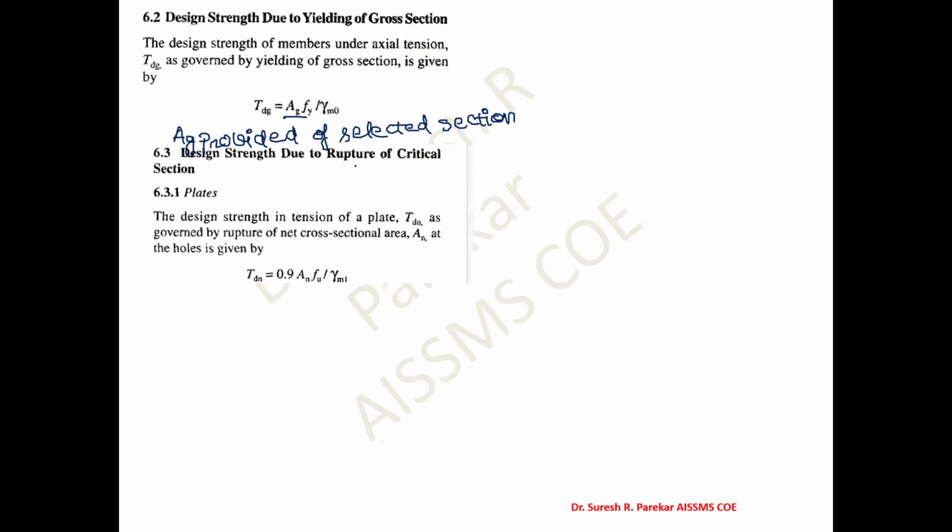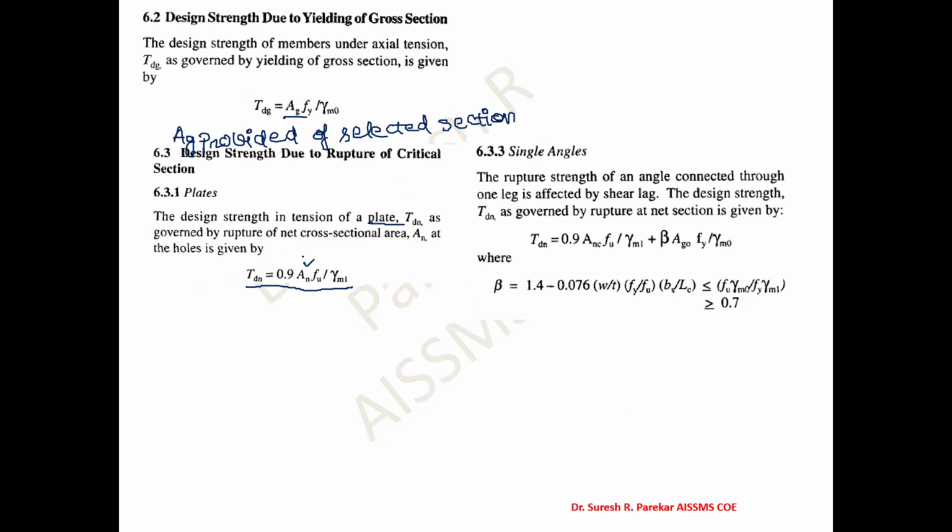Now the design strength due to rupture of critical section. This is the design strength of the plate. So we have the formula TDN equals 0.9 An Fu upon gamma m1. If we are finding it for a plate, we go for this formula. Then for a single angle, we know how to calculate An; we have already seen the formula: b minus n dh plus summation pi square upon 4 gi into t.